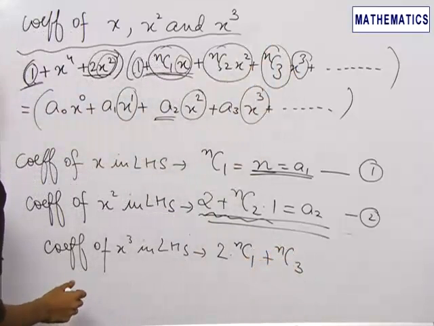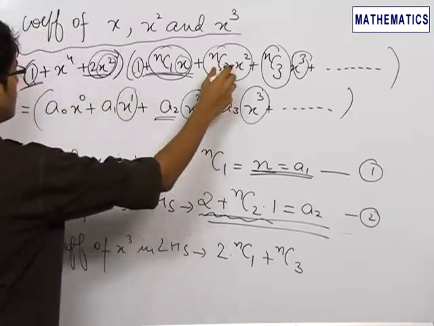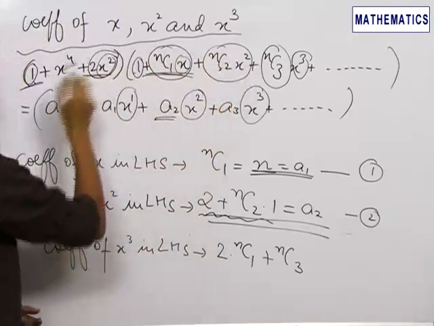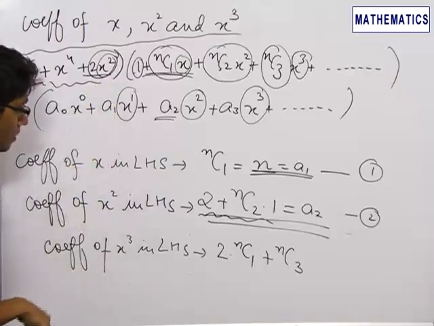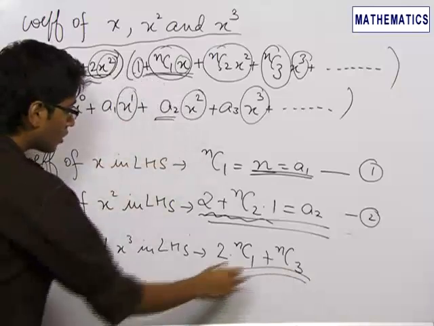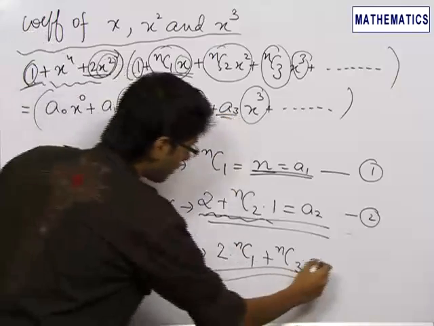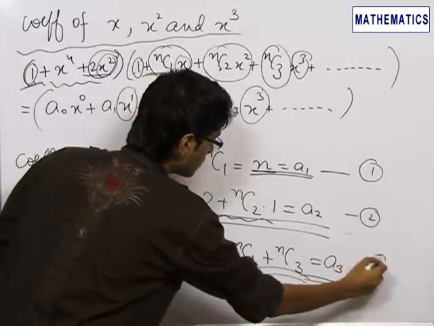We check whether there is another coefficient of x³ or not. This x⁴ cannot generate any coefficient of x³. So this is the overall coefficient of x³ in LHS. On comparing it with the coefficient of x³ in RHS, we get it equal to a3. This is the third equation.